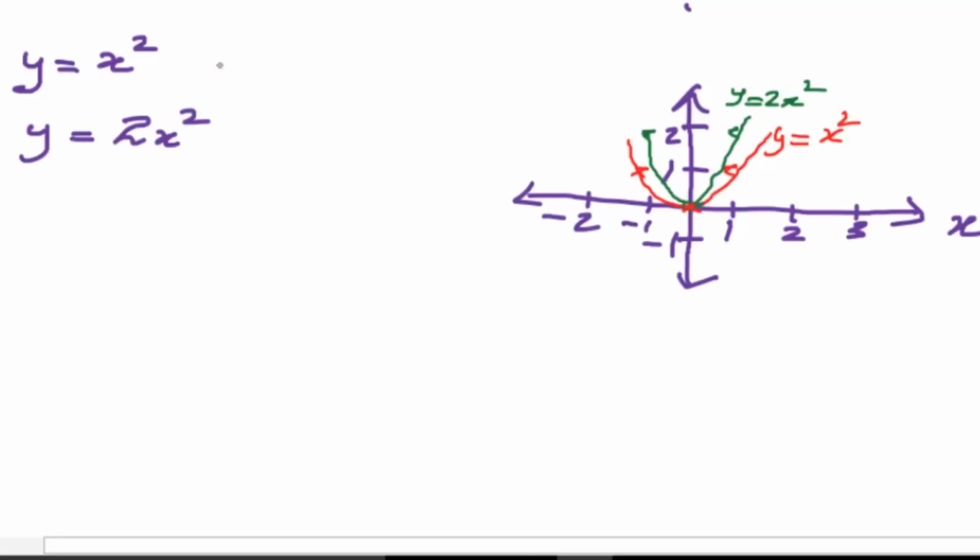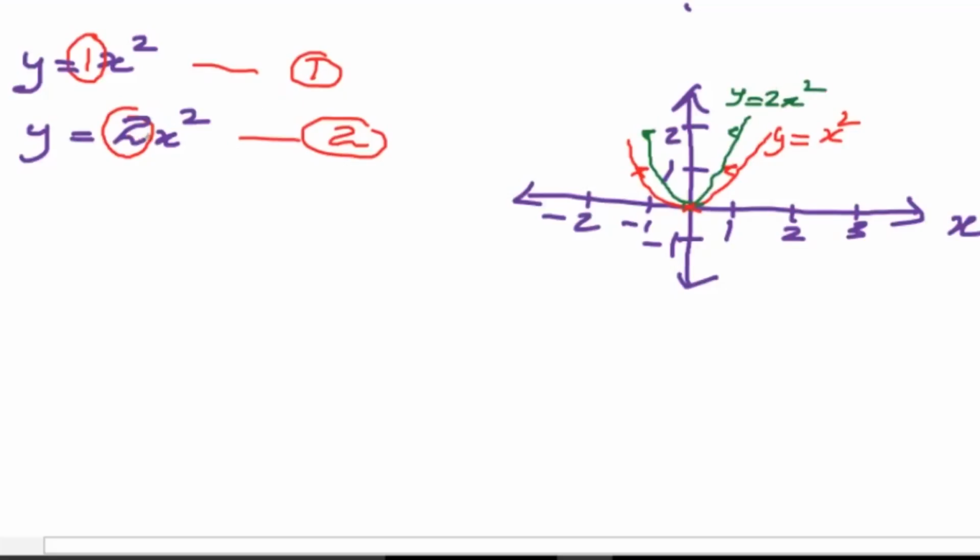Let us look at the effect of the numbers in front of the x, these two numbers here. If we look at equation 1, it's the base graph, which is given by y equals x squared. That is a 1. That 1 there is our value of a. And we look at the second function, equation 2, it's given as y equals 2x squared.